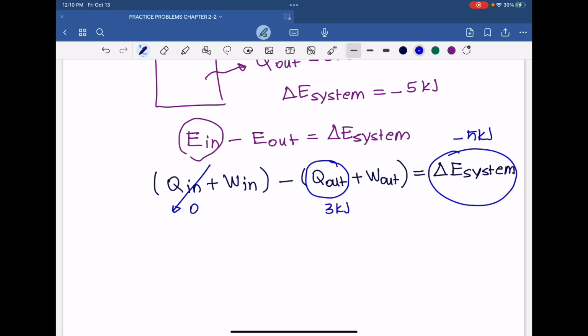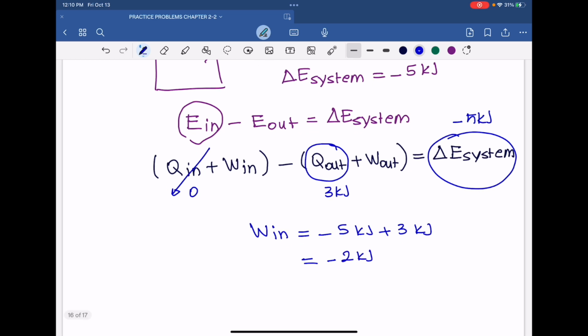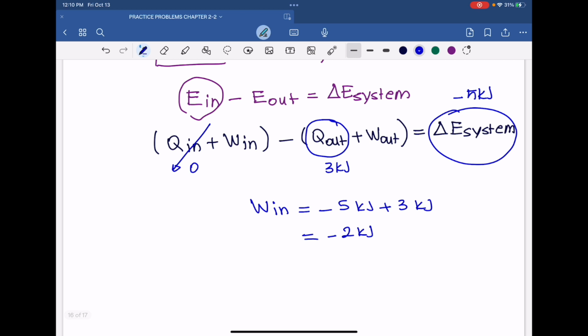But if work is getting in, that has to be in the amount of minus 2 kilojoules, if you calculate it. This is not possible because the work and heat terms in this equation, all of them have to be positive numbers. And therefore it seems like that is not the case in this situation.